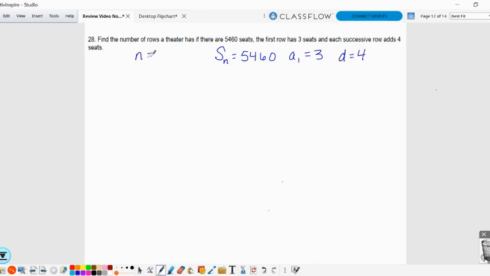Unfortunately, we don't know how many rows, what our n is. Since we were not given the last term, which would be the number of seats in the last row, we have to use the longer of the 2 arithmetic sum formulas. So I'll write that out for you, and then we'll fill in what we know.